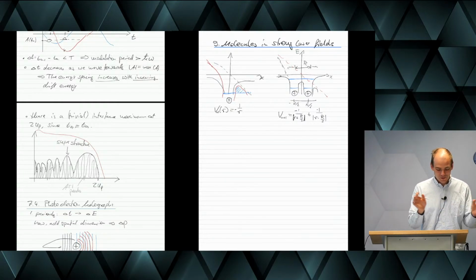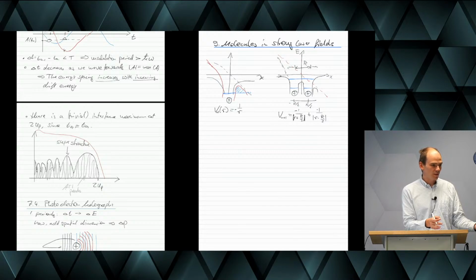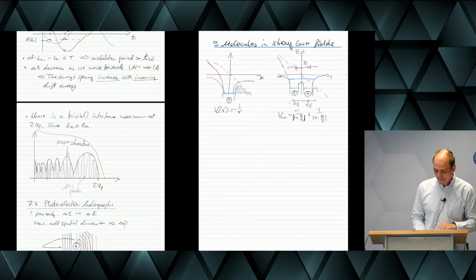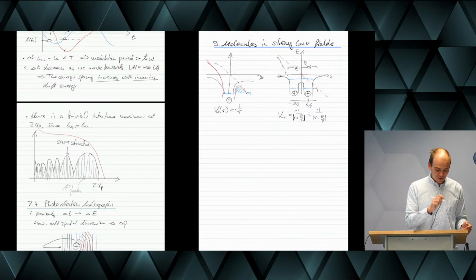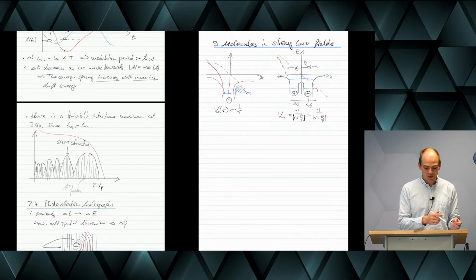But as you increase the internuclear distance, this will go up. So eventually, these delocalized valence electrons may localize on one of the atoms. And then, of course, the molecular bond breaks. This localization or delocalization of the electron determines the molecular behavior.